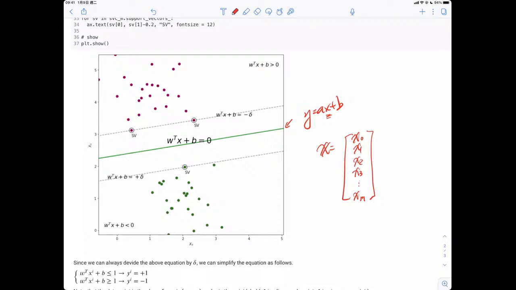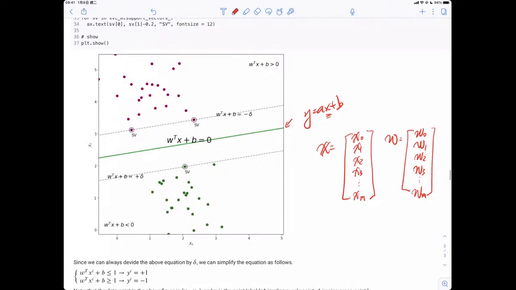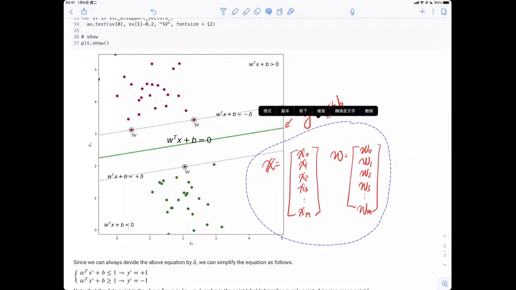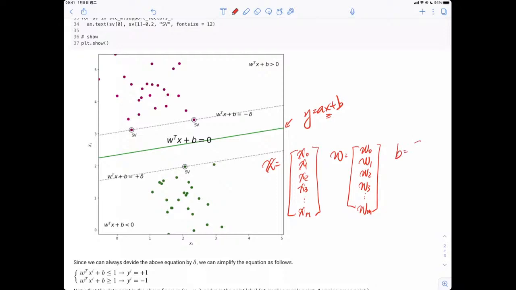So we have weights W0, W1, W2, W3 to Wn. And of course we have b, right?